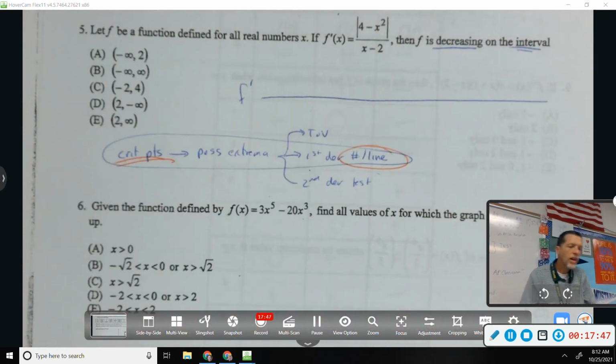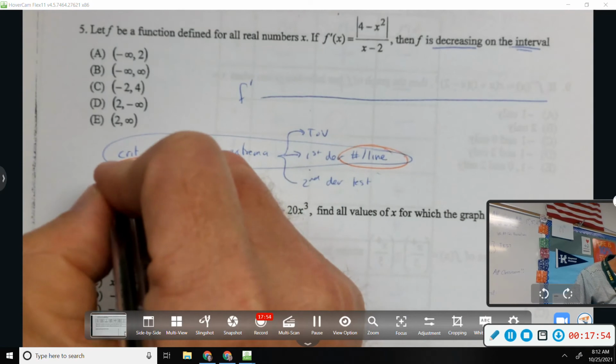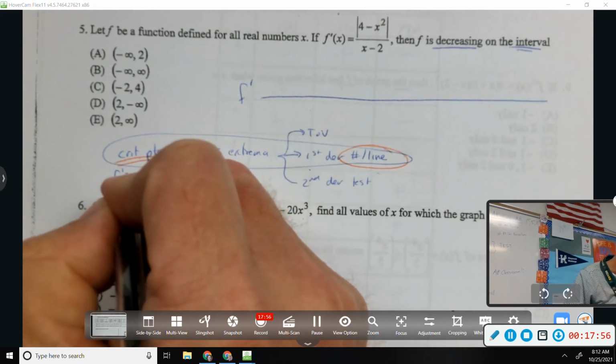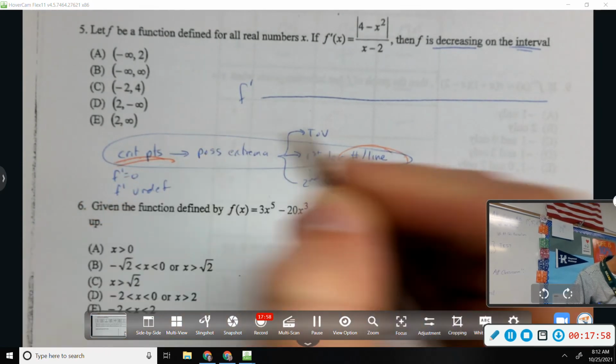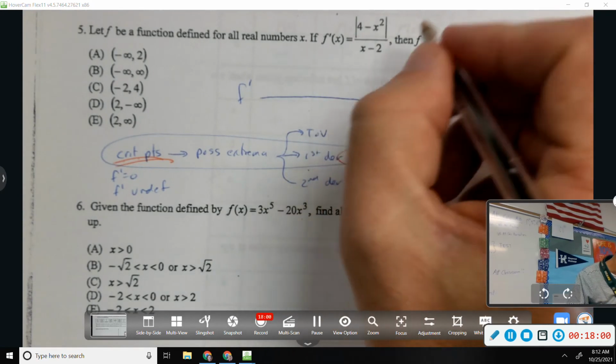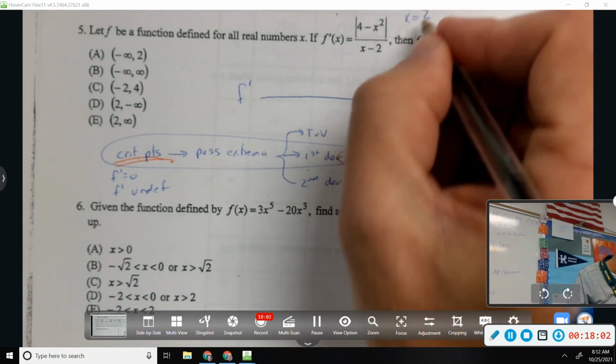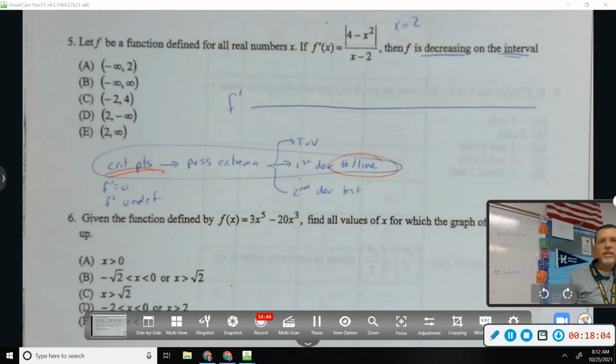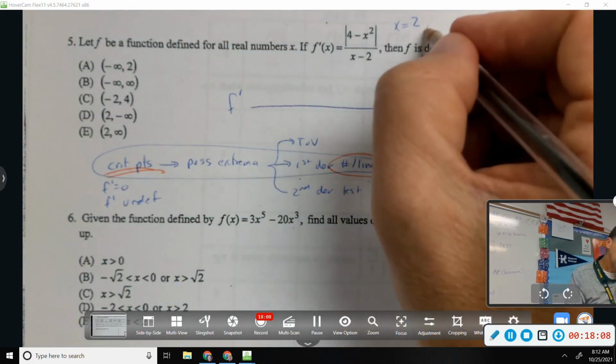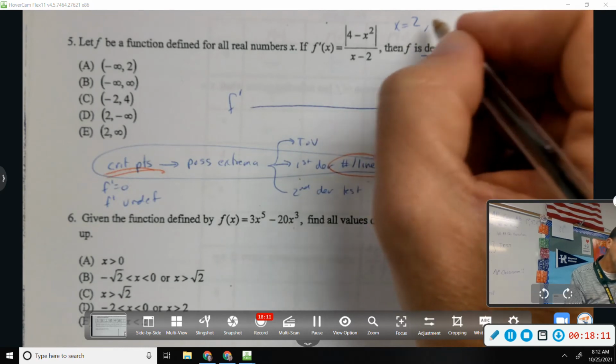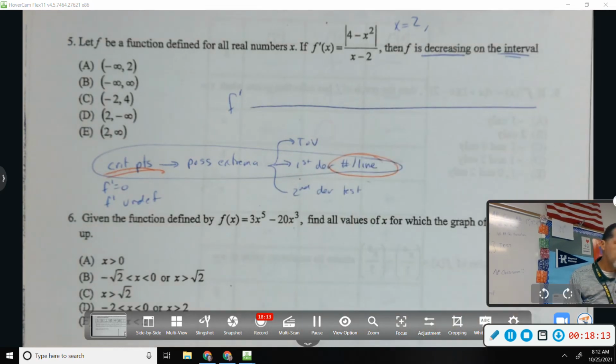So they've sort of jumped in back here at the end of this saying number line, but let's back up. How do I find critical points? Right, it's where the first derivative is 0 or undefined. So that would be at 2. That would make the bottom 0. What would make the top 0? Anything else make the top 0? -2.